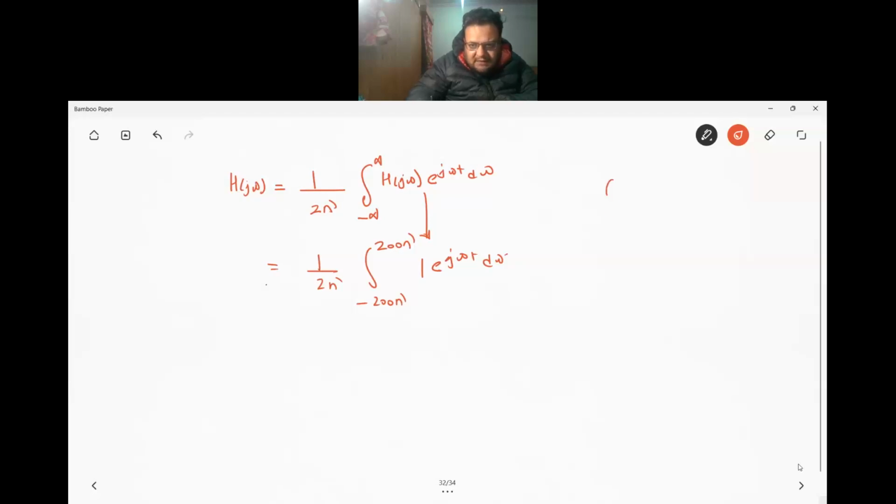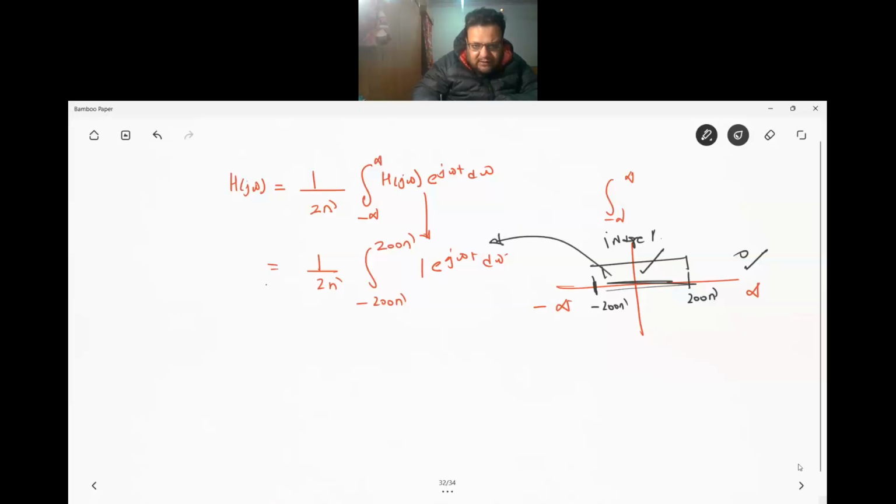Outside this boundary, moving from minus infinity to infinity, minus 200π to 200π is the limit where the signal is absolutely integrable. Outside this range it is zero, so the range is this. That's why we have put this value over here.